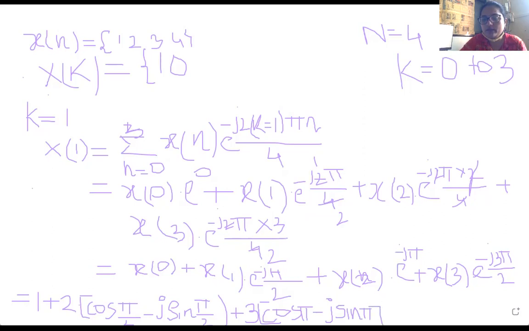Finally, as this is a 4-point sequence, only four terms will appear here: first term, second term, third term, and fourth term. What is the value of x of 3?